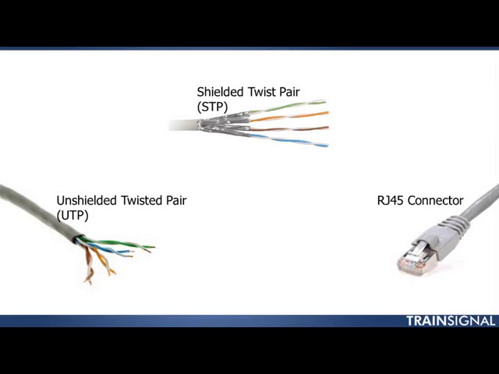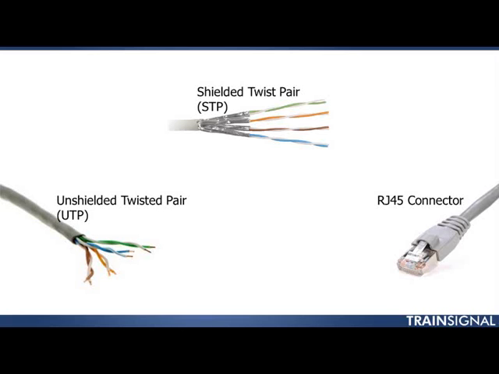There's all sorts of different electrical objects out there that give off EMI, electromagnetic interference, which can then bleed into the signal and interfere with that signal traveling on an unshielded twisted pair cable. In that case, that's where we move to the shielded twisted pair. You'll notice that the shielded twisted pair cable pretty much looks exactly the same, except there's an extra layer of foil shielding around each of the pairs of cables. And that is to protect against that outside EMI.